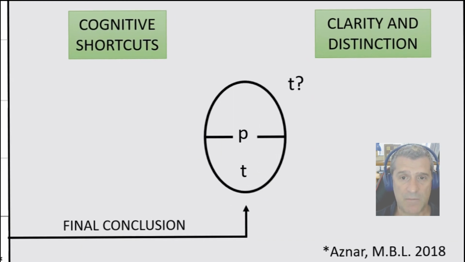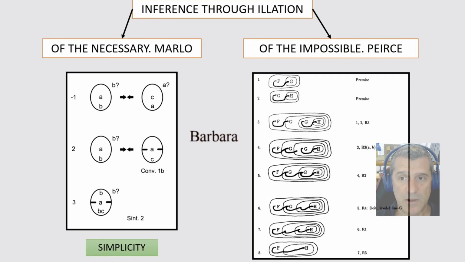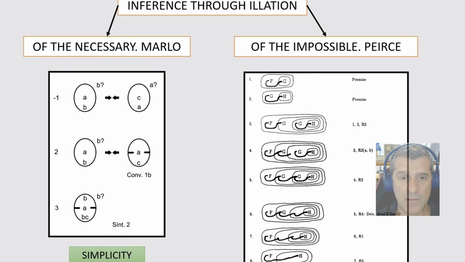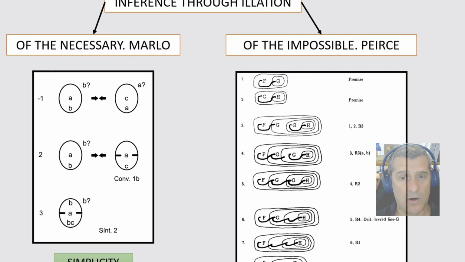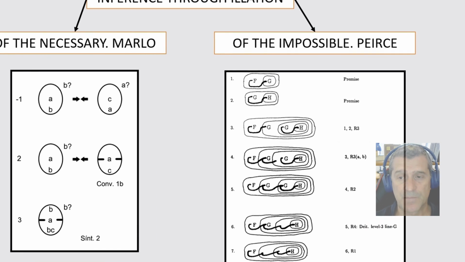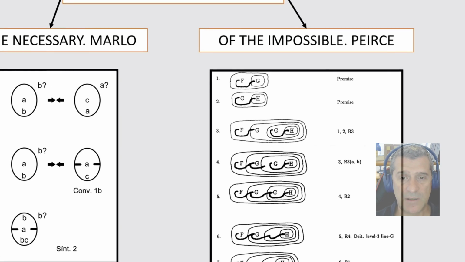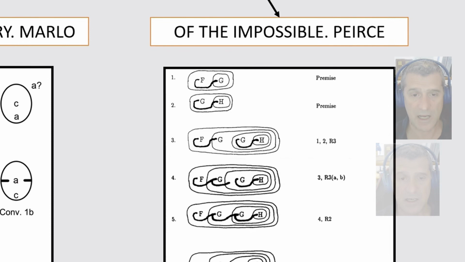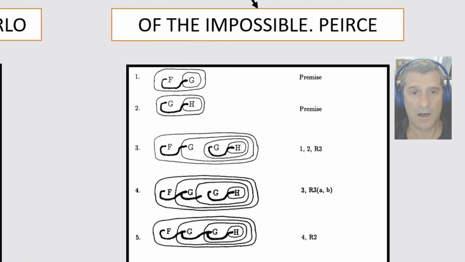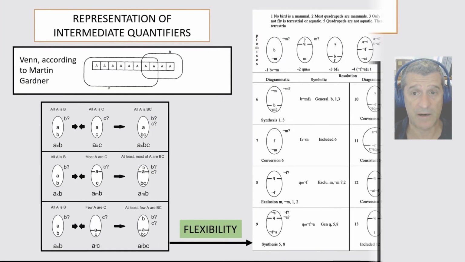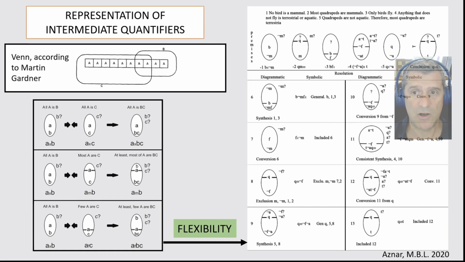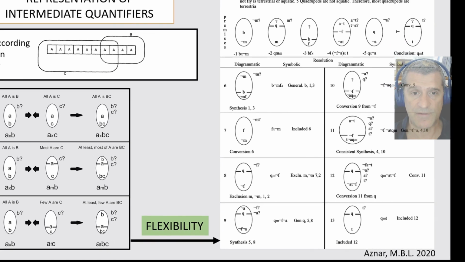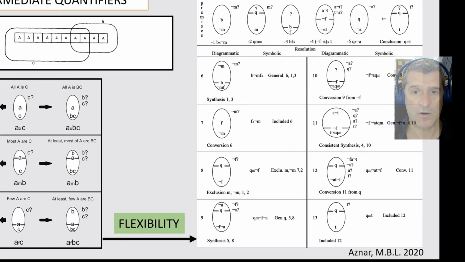Keep in mind that Marlo diagrams are simple because they focus on the necessary associations that the premises implicitly establish, while other diagrams such as Peirce are based on making explicit the relations that those same premises establish as impossible. Also, unlike Venn diagrams, Marlo diagrams allow you to represent and solve arguments with intermediate quantifiers such as most, half, or a few.